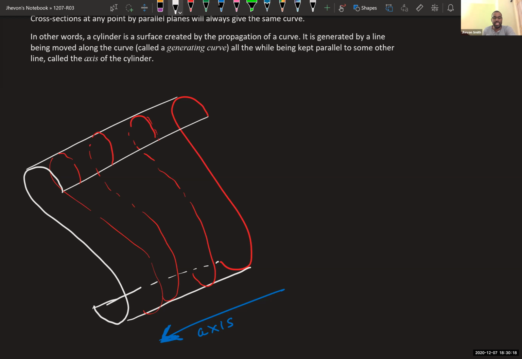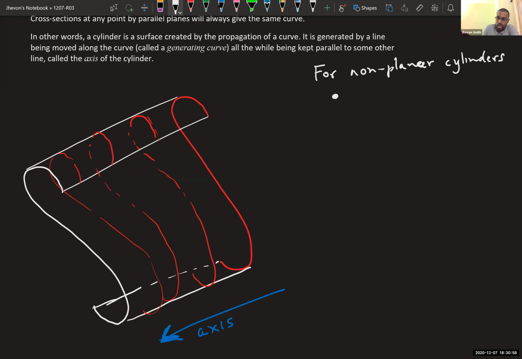So that is what it is conceptually. Now, how do you recognize a cylinder and sketch one in terms of a formula? So for non-planar cylinders, two things are common to all of them except planes.